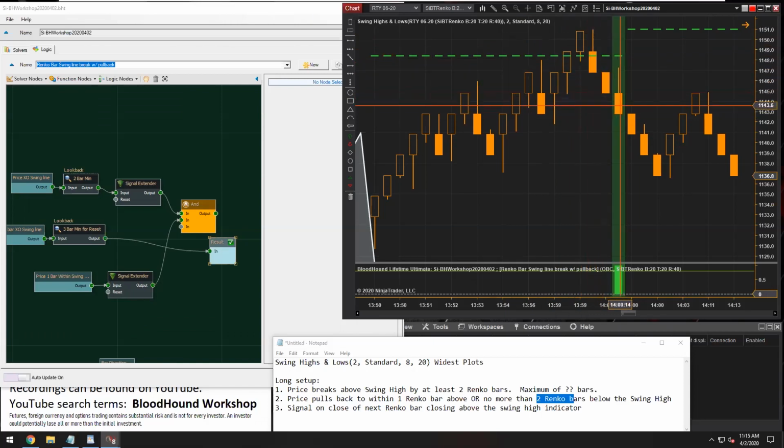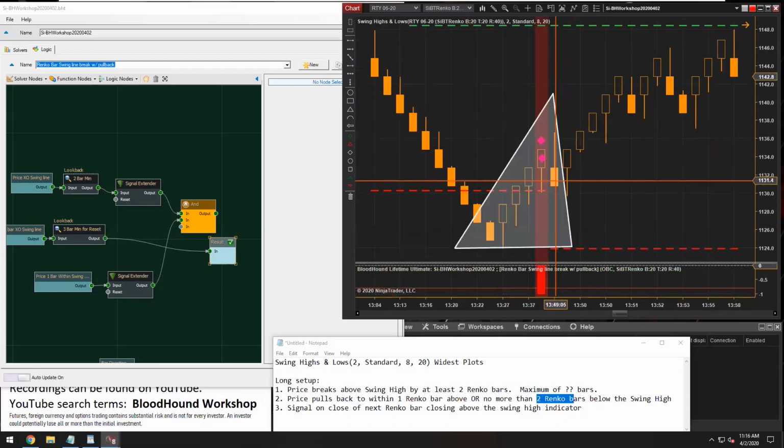But when we got to the 3rd pullback here, let's mark this, right? That 3rd bar pullback here kind of invalidated the whole setup process, right?